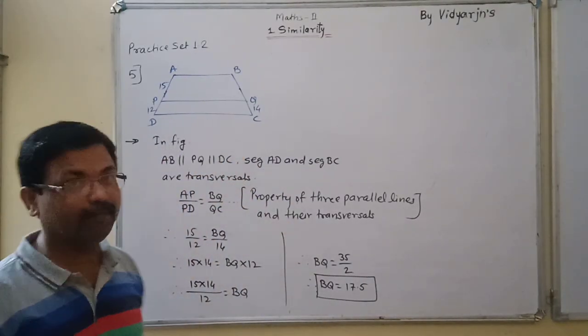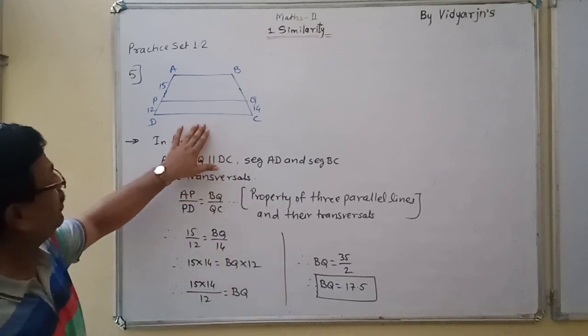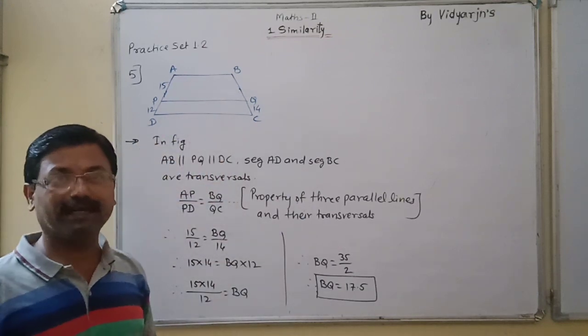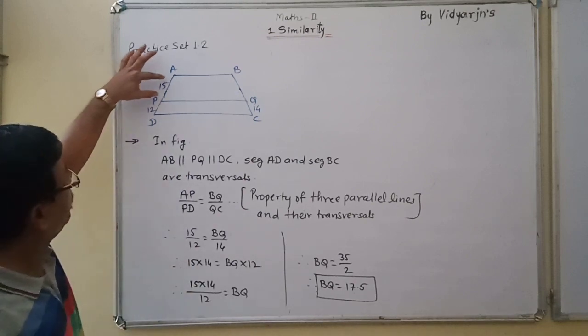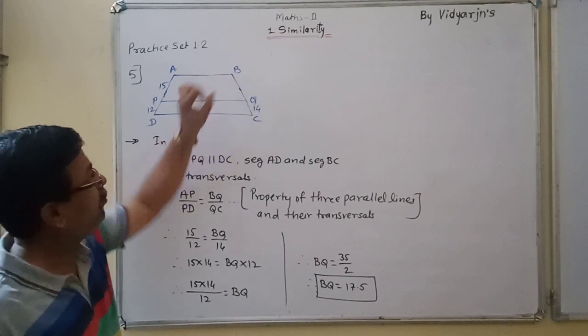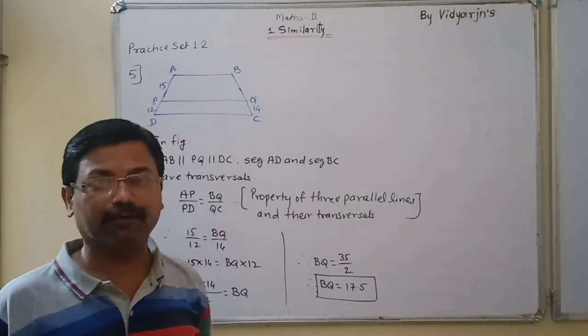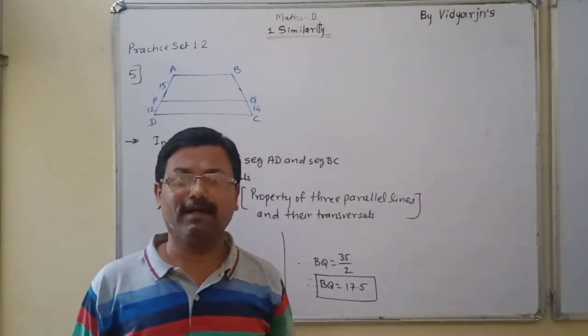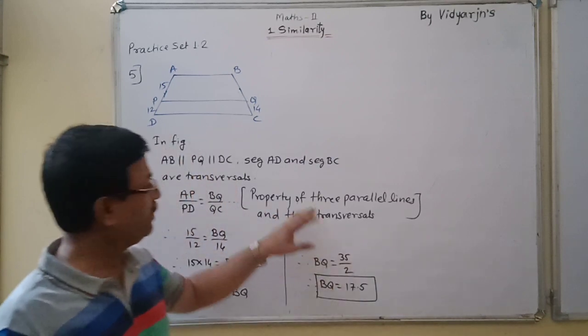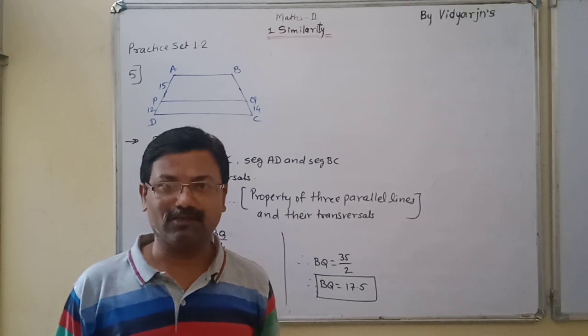Now the fifth example. In this fifth example, we are given AB parallel to PQ parallel to DC, and we are given the values of AP, PD and QC. We have to find the value of PQ. If we are given three parallel lines, obviously we have to use the property of three parallel lines and their transversal.